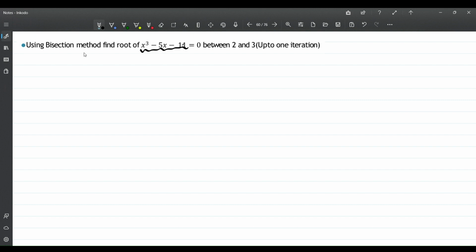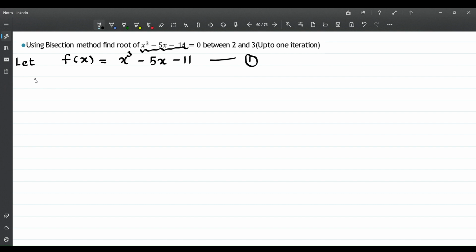Let us take this equation as f of x. The given equation is x cube minus 5x minus 11. Say it as equation 1. We have to solve this equation between 2 and 3.